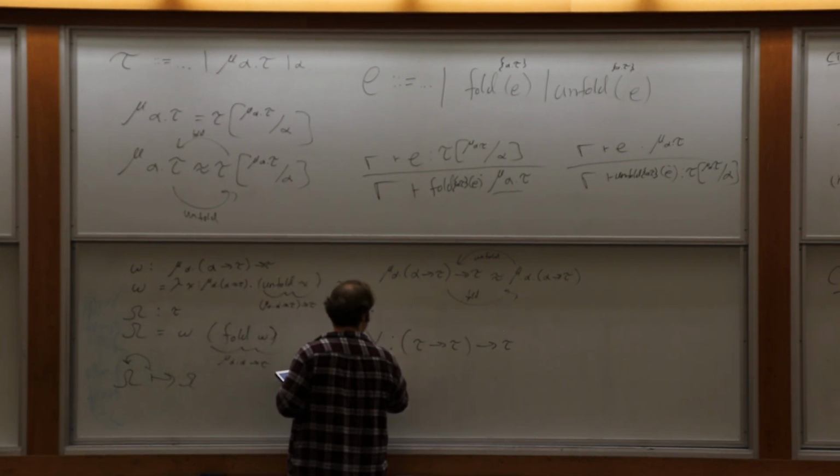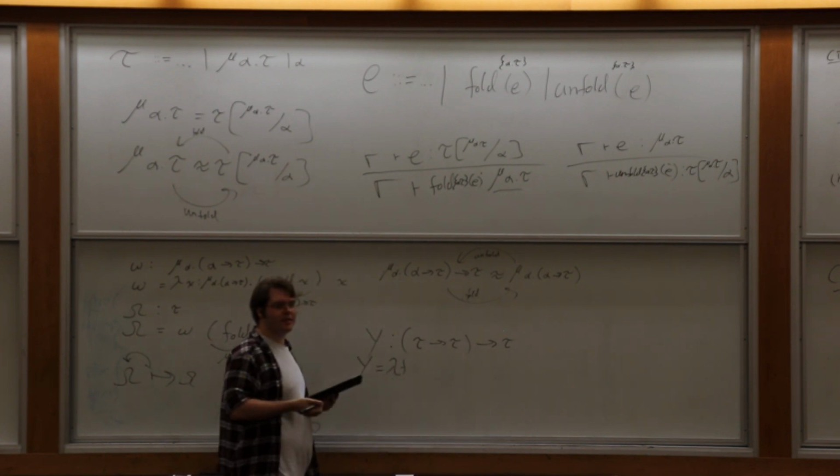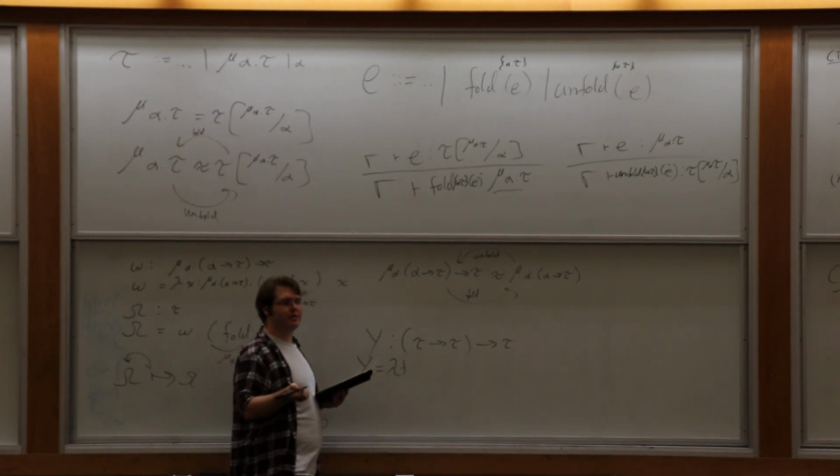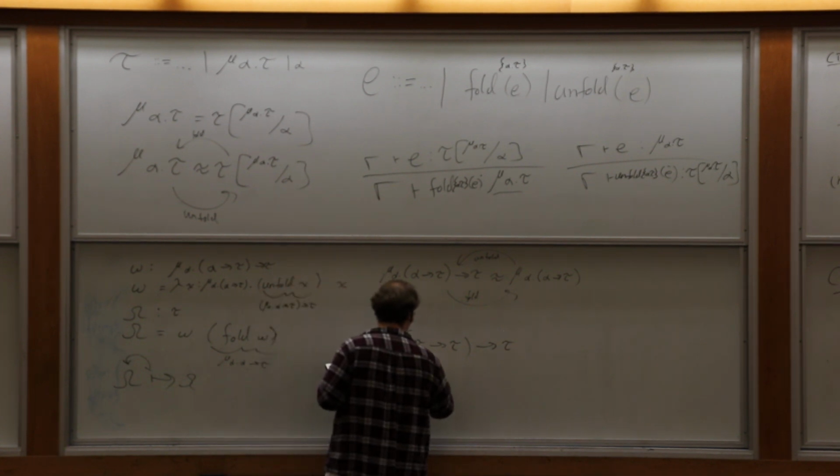Okay? So how do we write that? And this one gets a little bit hairy because you've got folds and unfolds in the way, but it's essentially the same definition. You just put a fold and an unfold in the right place to placate the type checker, basically. But it's the same program.